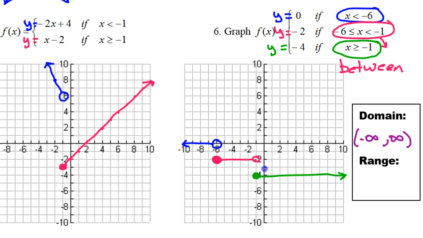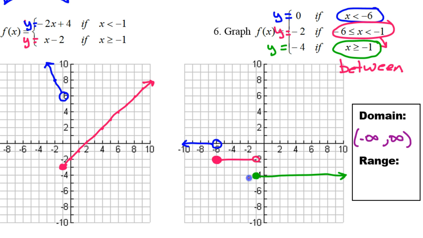Because that would include all of these values, for example, between negative 4 and negative 2. But this is empty space here. There are no y values on the graph between these two pieces, or between the blue piece and the red piece. So really there are only 3 y values included in this graph.